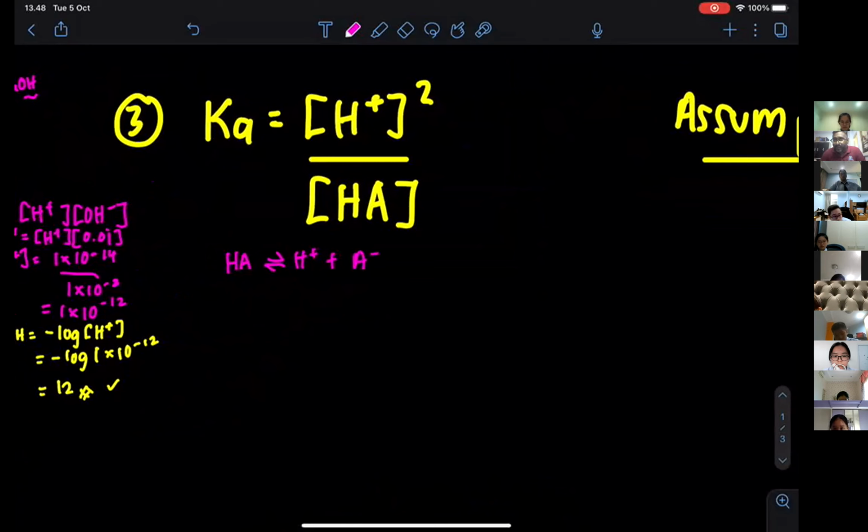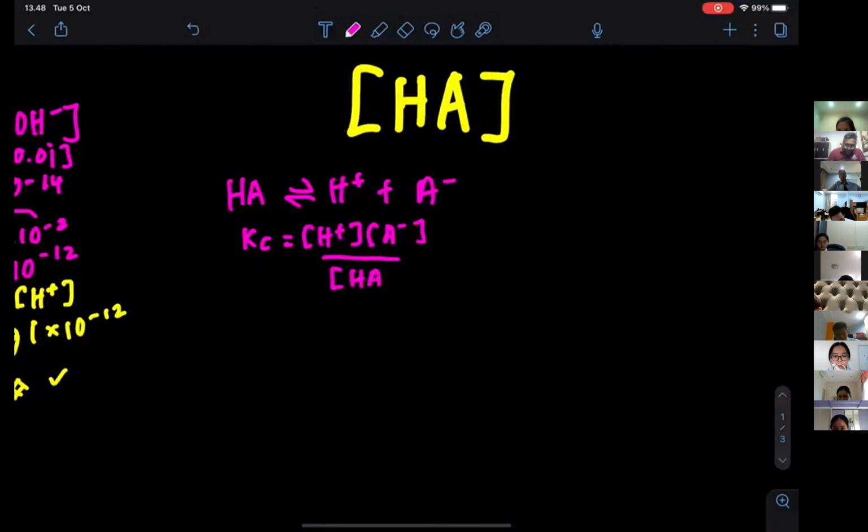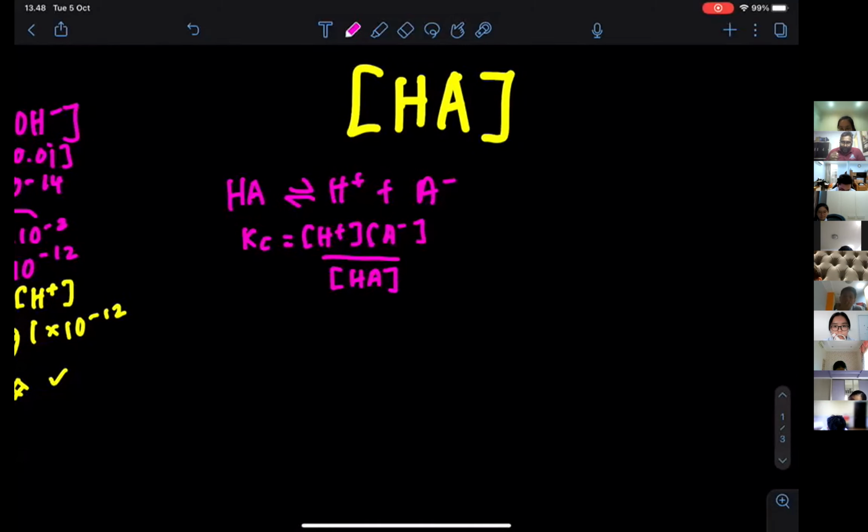In the past, what we do is just write Kc equals concentration of H plus times concentration of A minus divided by concentration of HA. I am not going to eliminate HA, because this is not constant. This is aqueous. Just now for Kw, I eliminated water because water is constant. This is aqueous, so you do not eliminate it, you just keep it as it is.